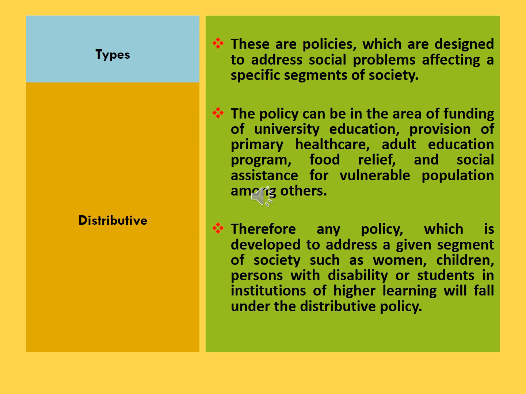Again, preferential treatment is also offered to female students so that their admission to the university is at a slightly lower mark than those of the boys or students from other areas that are not classified as ASAL or marginalized. So a policy that has been enacted to address issues that affect a given segment of society and not the entire society, such policies are categorized as distributive policies.